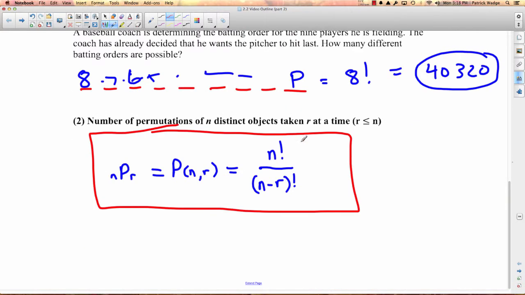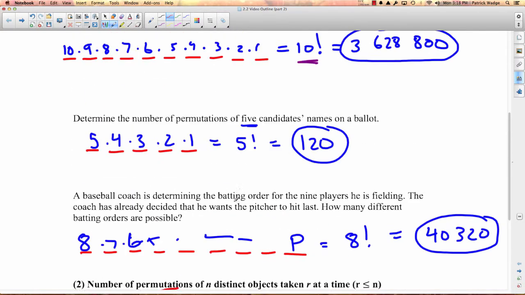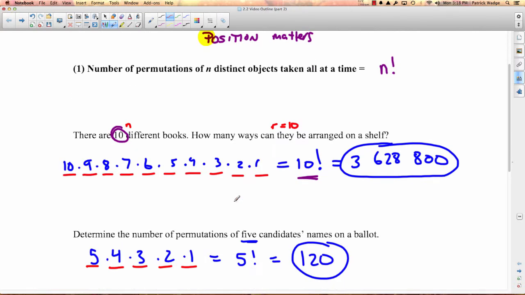So again, look at your formula down here, n factorial over n minus r factorial. Okay, n is 10, so we have 10 factorial over 10 minus r, which is also 10, so 10 minus 10 factorial. So we get 10 factorial over 0 factorial.